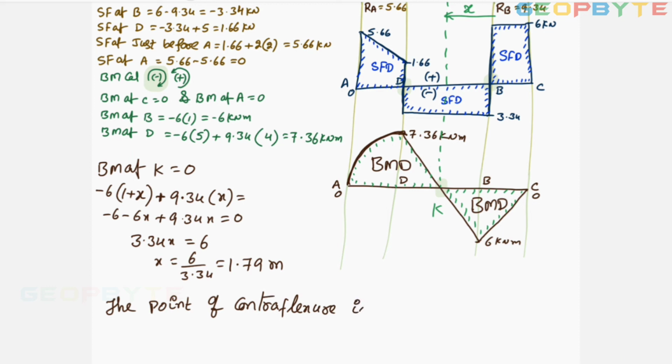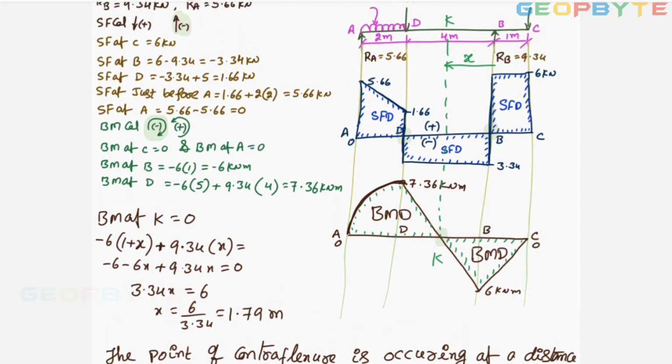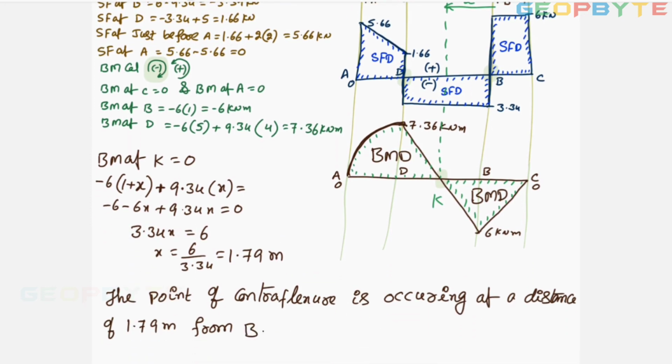The point of contraflexure is occurring at a distance of 1.79 meters from the point B. That is about the SFD and BMD and point of contraflexure for the overhanging beam with point loads and the UDL.